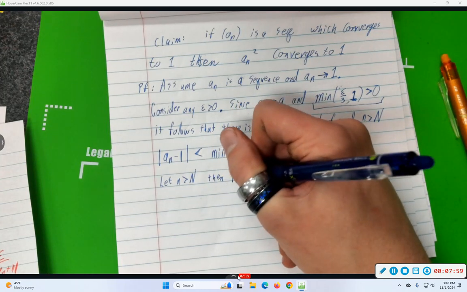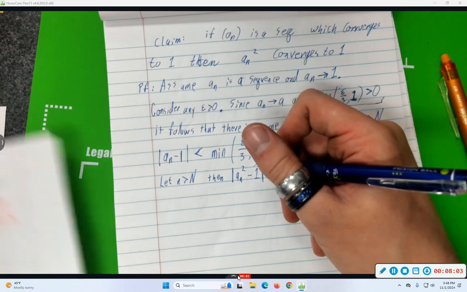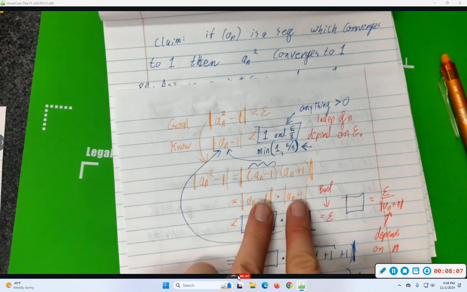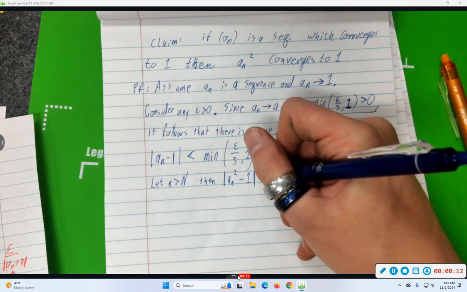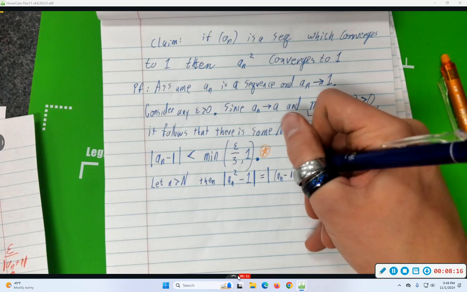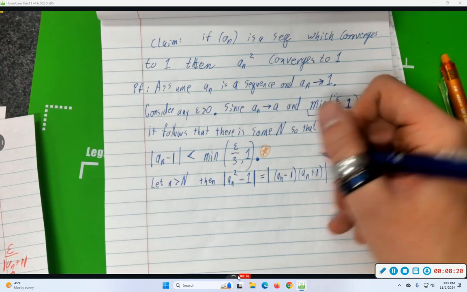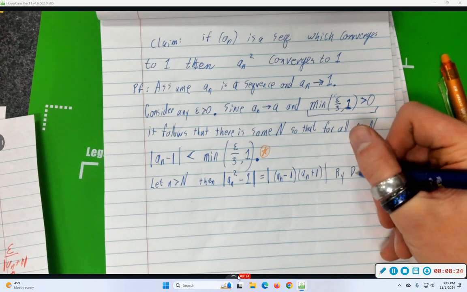The absolute value of a_n squared minus 1. And now I'm going to lean heavily on the fact that I already know what I'm supposed to do. Difference of squares, property of absolute value. a_n squared minus 1 in absolute value is equal to the absolute value of (a_n minus 1)(a_n plus 1), by the difference of squares.